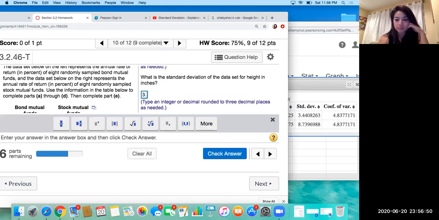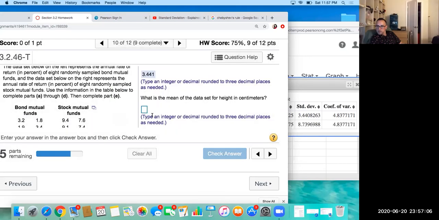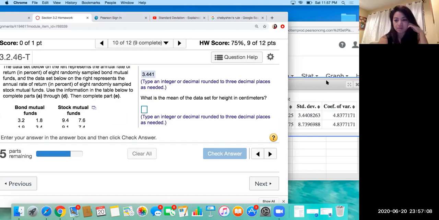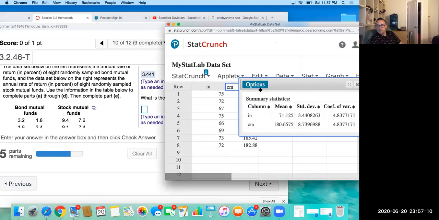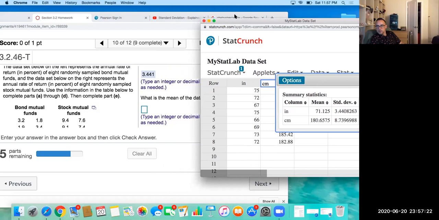Maybe 3.44. Yeah. Centimeters. Go to the top of that thing. Go to the very top and drag that to the right because we don't need the coefficient of variation. There you go. Yeah, like that.